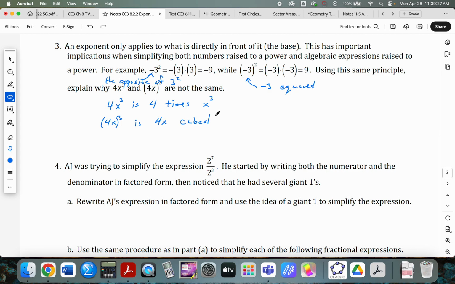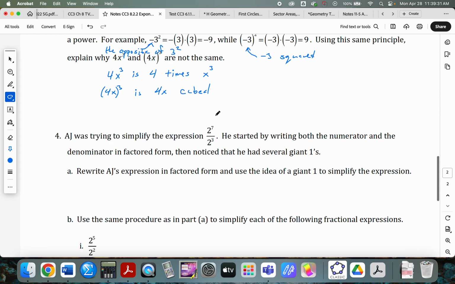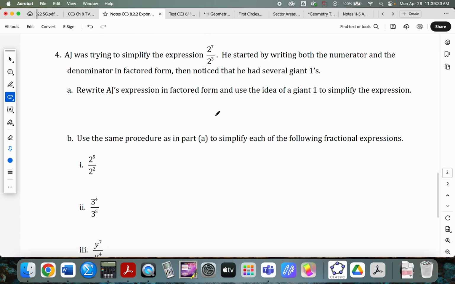We've talked about multiplying. Let's talk a little bit about dividing. So AJ was trying to simplify the expression 2 to the 7th over 2 to the 3rd. He started by writing both the numerator and denominator in factored form, then noticed that he had several giant ones. So let's rewrite AJ's expression in factored form and use the idea of a giant 1 to simplify the expression.